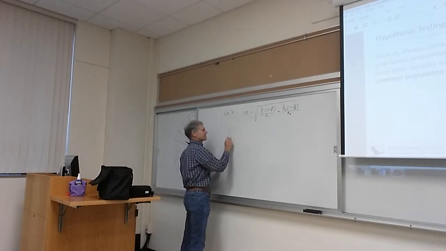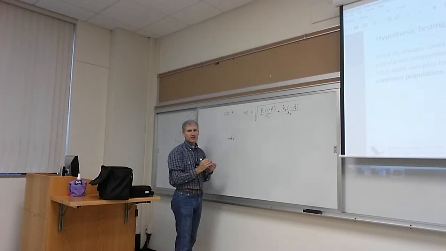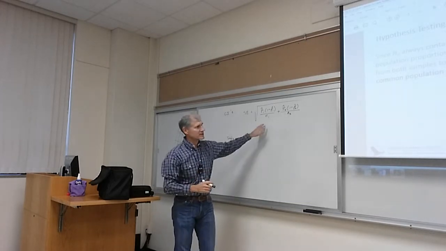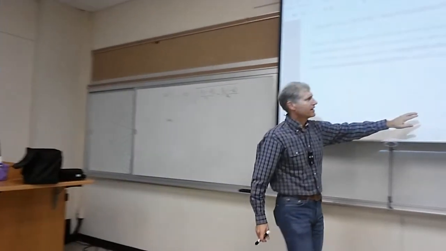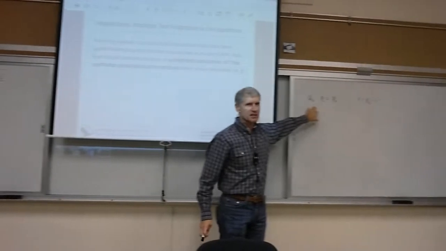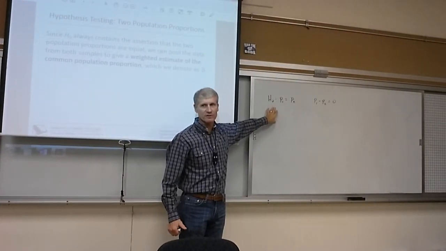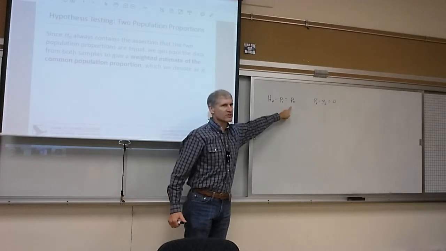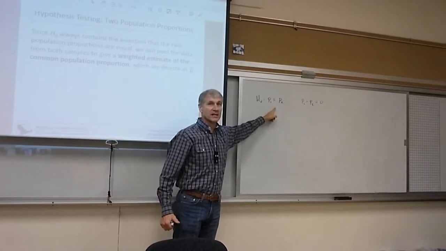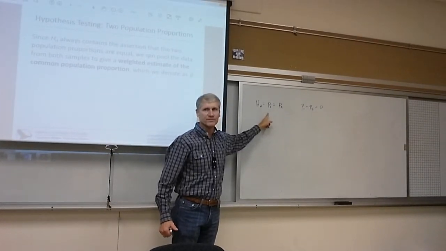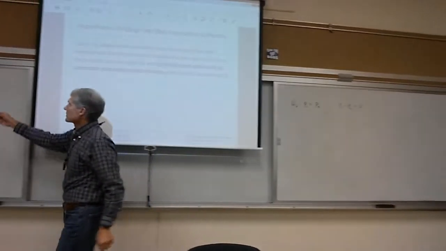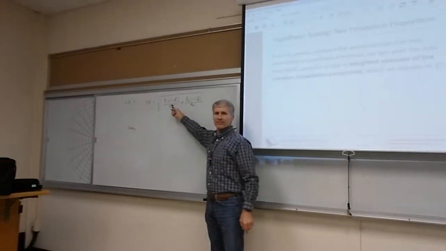For tests, it actually changes a little bit, because when we do hypothesis testing, we always compute everything assuming the null is true. And if the null is true, then P1 is equal to P2. So these two are the same.